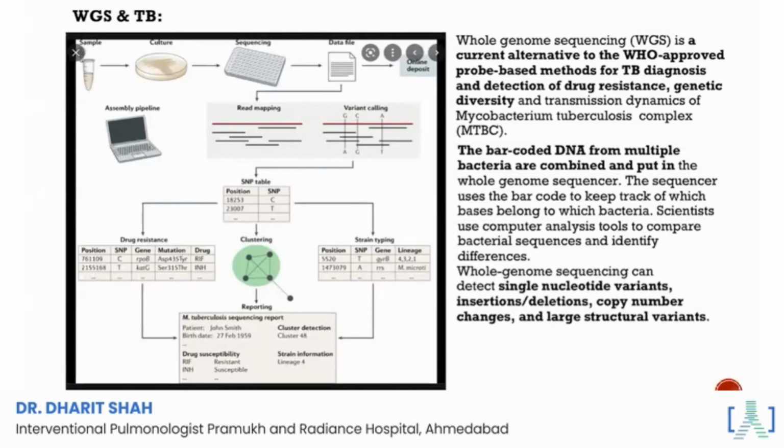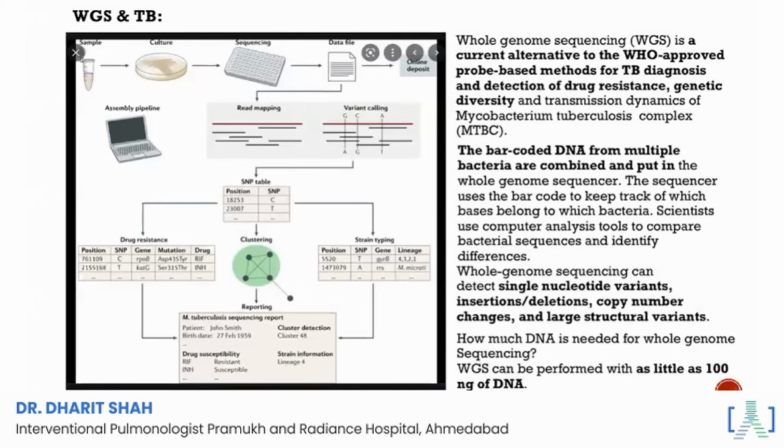The third point is that it can detect a single nucleotide variant, whether it is an insertion, deletion, copy number change, or large structural variation. So you can get the report of very different types of genes. And the main important part is that WGS needs just 100 nanogram of DNA in the sample.